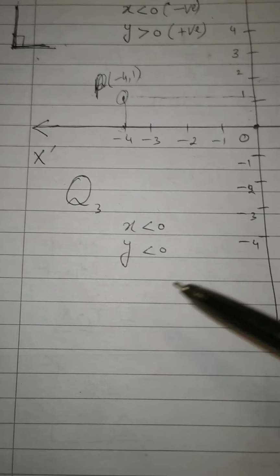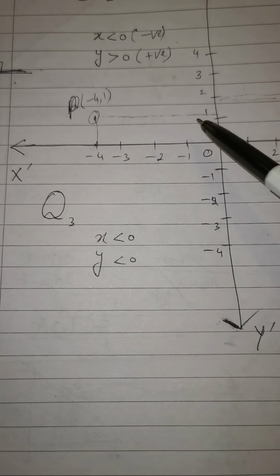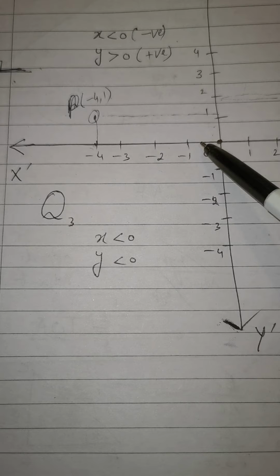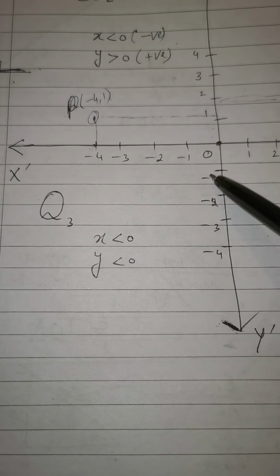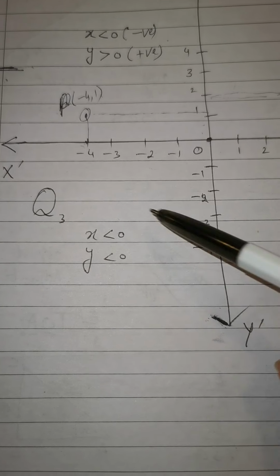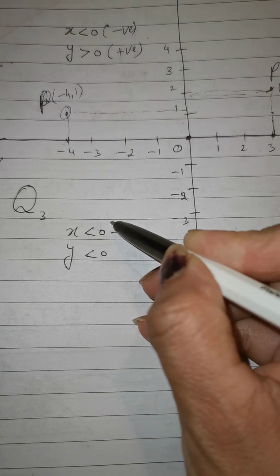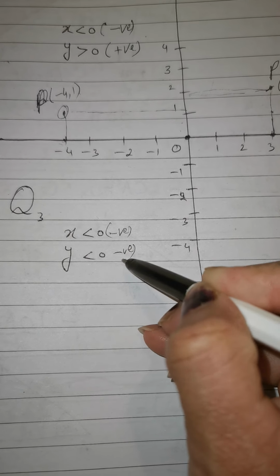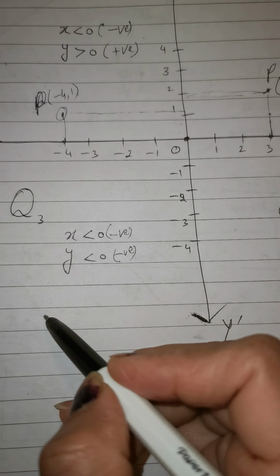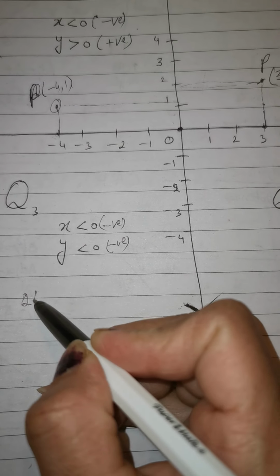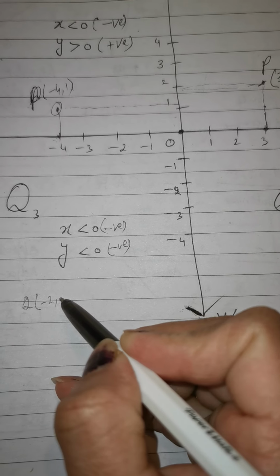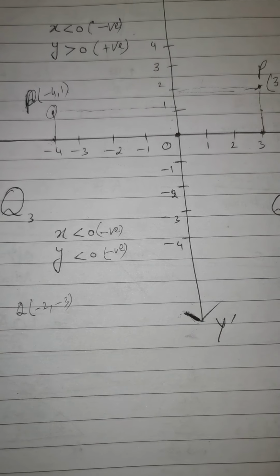Next we go to the third quadrant. In the third quadrant you will check x is negative and y is also negative. So the point will be like, for example, Q(-2, -3).